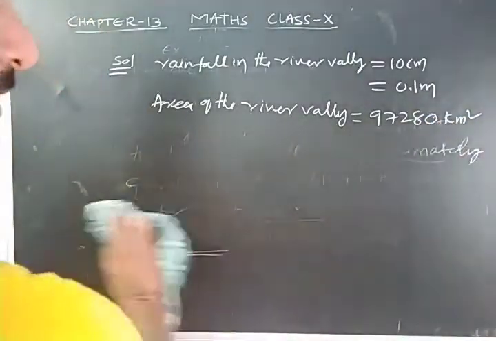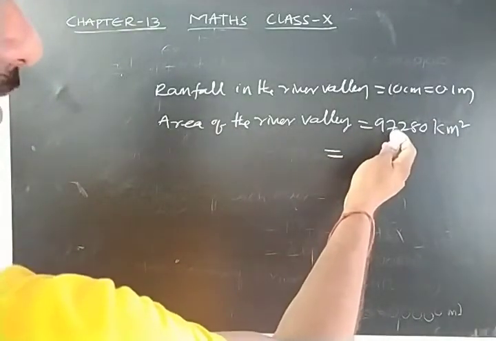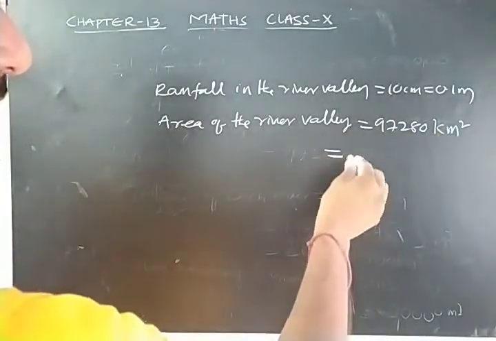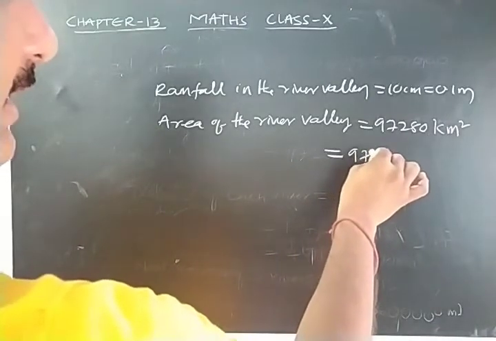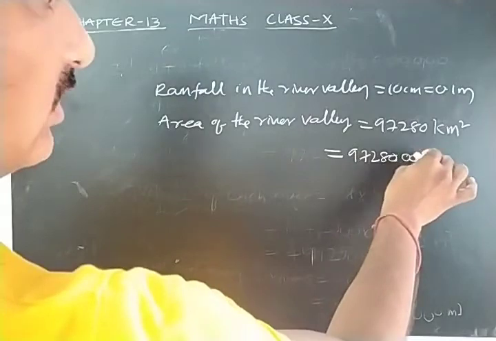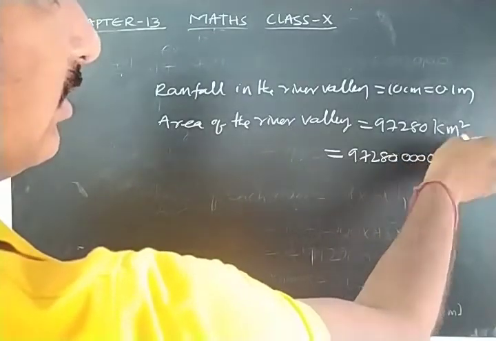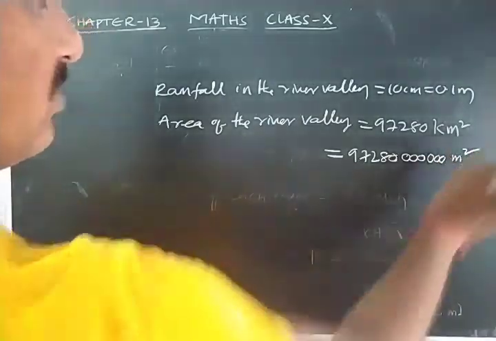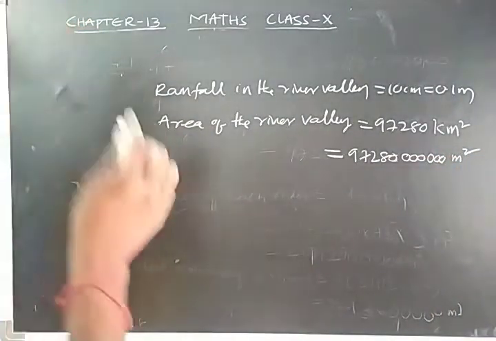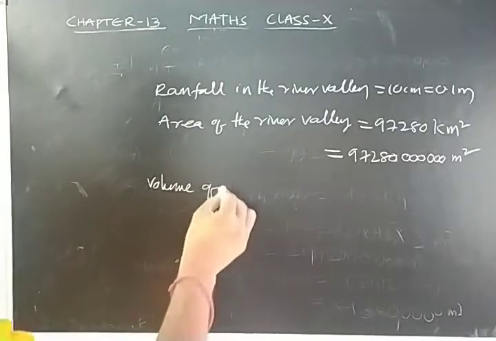Okay, so I am converting it. The area of the river valley is 97,280 kilometers square. I am converting into meters. 97,280, 3 zeros per 1 kilometer, another 3 zeros per another kilometer. So this is converted into meter square. Now I am going to find the volume of the river valley.